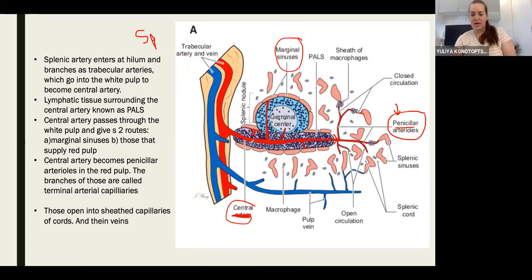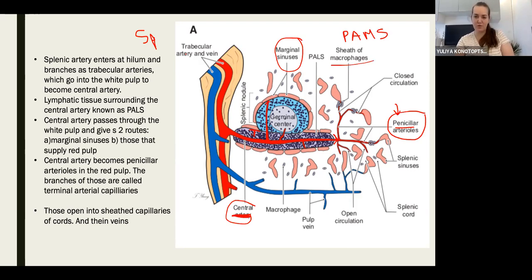Okay, you have said that central arteriole is surrounded by PALS. Penicular arterioles are also going to be surrounded, but it's not called PALS, it's called PAMS. And what does it stand for? Periarteriolar macrophage sheath.